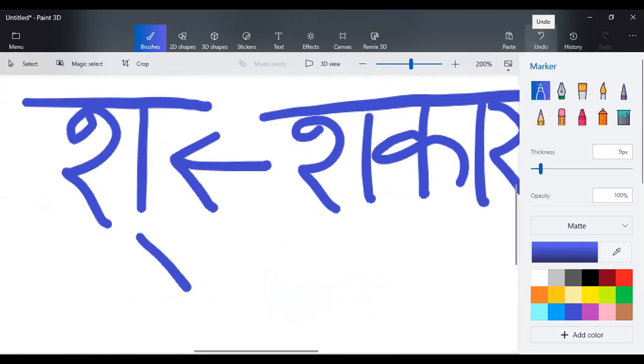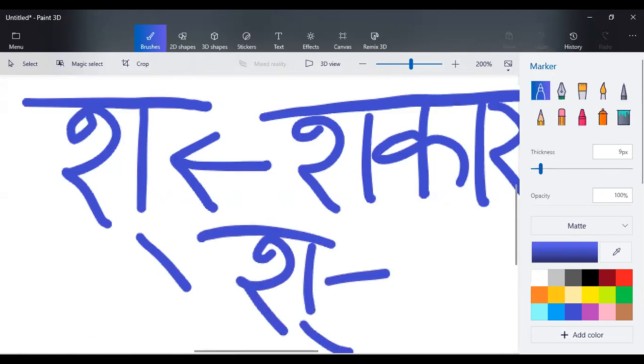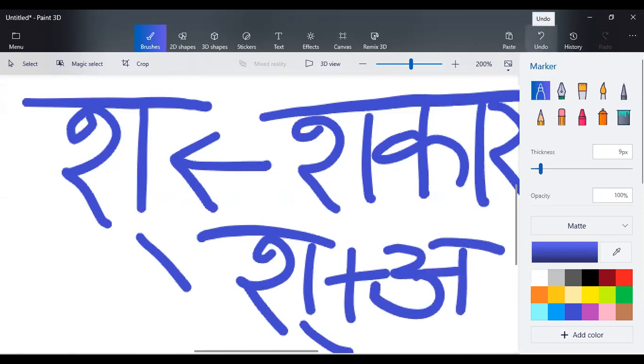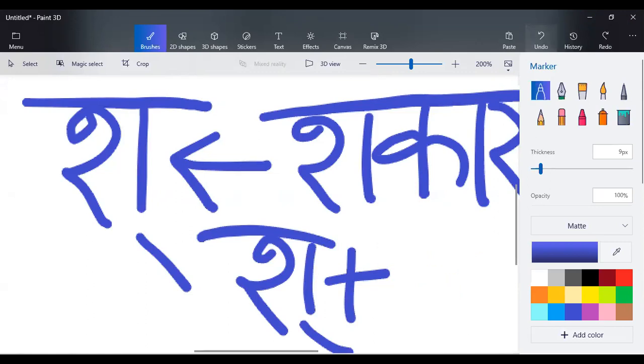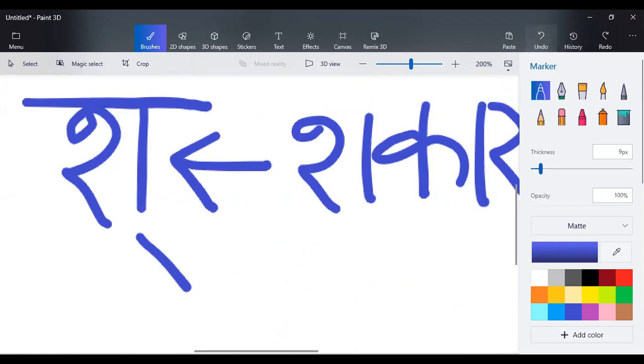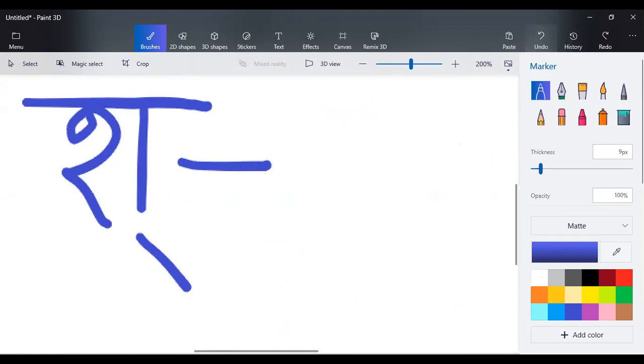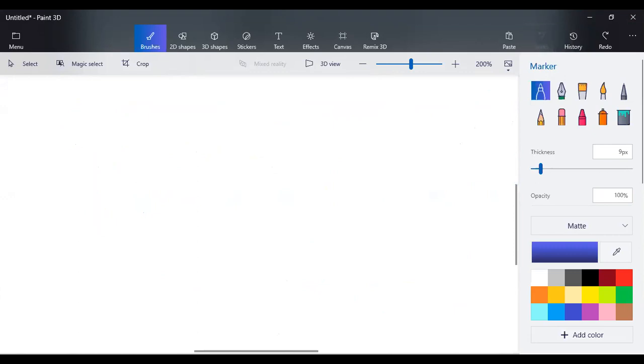Shakara plus a will become sha. Right? So by adding the kara suffix, now you can address the consonant. So the kara is an important suffix. I use it frequently, so you can remember it.